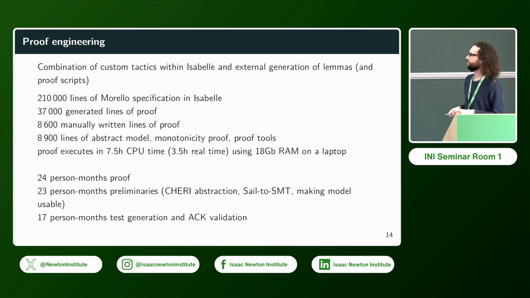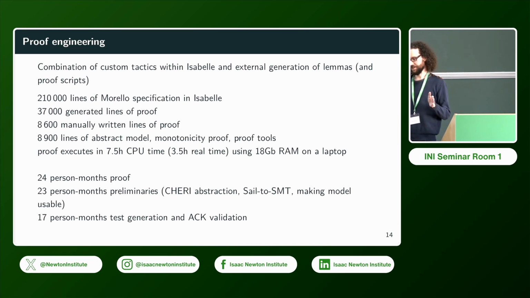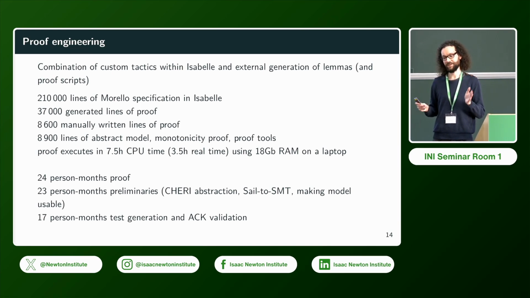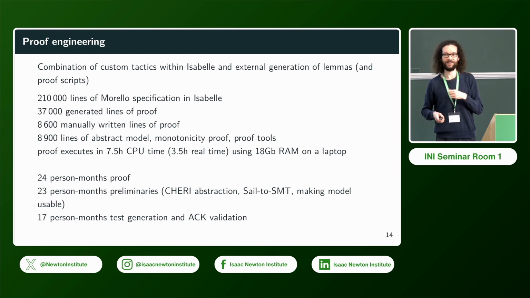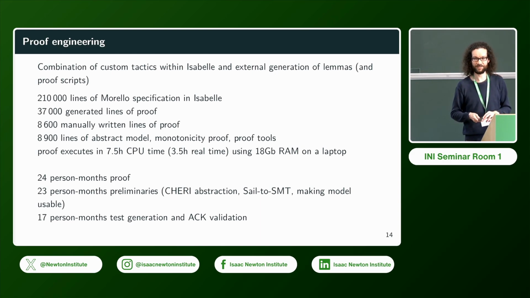And we managed to finish the proof in that time, and that was a good thing, because a bit more than a year was about the time we had between receiving the first snapshot of the specification and the architecture being frozen and moving into the hardware manufacturing phase. And we wanted to finish this proof before the silicon gets finalized.